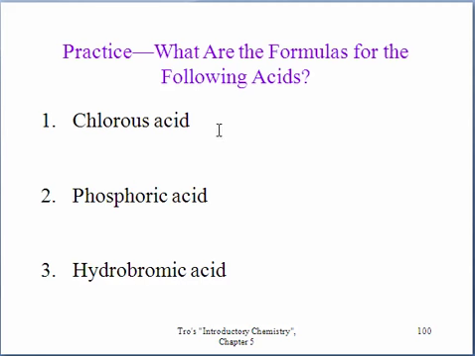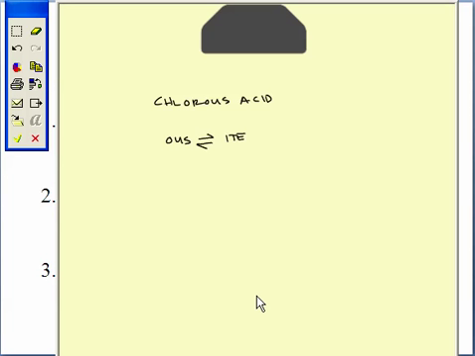Now let's look at working backwards, finding the formula from the name. What we're going to do is use our conversion between -ous and -ite and figure out what the polyatomic ion is that this acid is based on. So if it's chlorous, that means that it's based on chlorite.